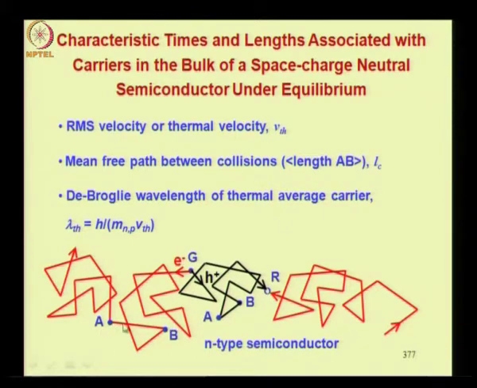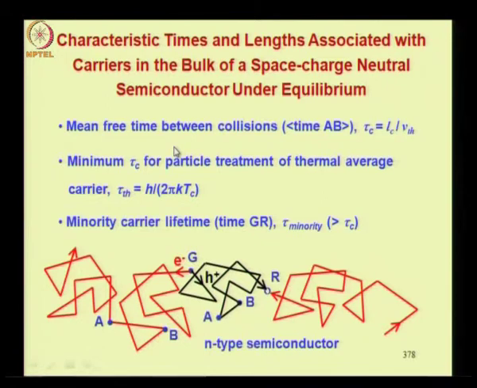We are saying an average because you see the length AB is different, this is long, this is short, and so on, and you similarly have an average length AB for holes as well. Then you have the length parameter de Broglie wavelength of thermal average carrier, which is given by h by effective mass into thermal velocity.